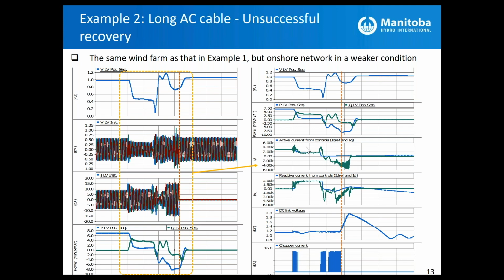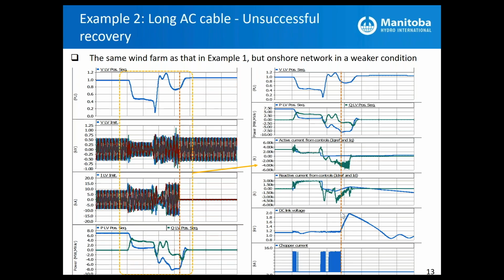Here, within this range, our controller is unable to regulate the correct levels of active and reactive power, or the DC voltage controller is unable to maintain the DC voltage anymore. So that power imbalance is dissipated inside the DC chopper, and at some point the energy inside the DC chopper exceeds the threshold, and because it is not meant for operating at 1 per unit for a prolonged period of time, it eventually trips, and a subsequent rise in the DC voltage causes a trip of the entire turbine unit.